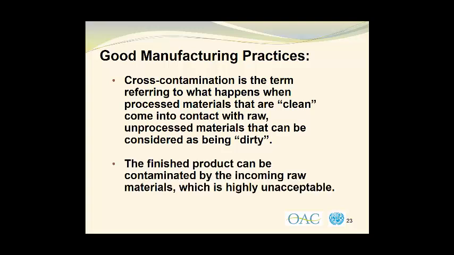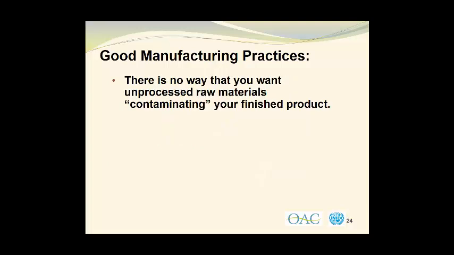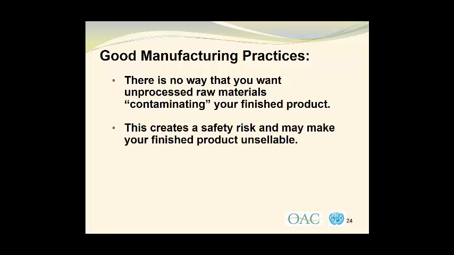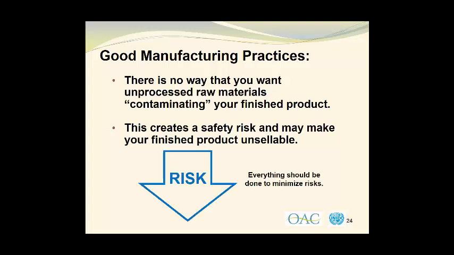The finished product can be contaminated by the incoming raw materials, which is highly unacceptable. There is no way that you want unprocessed raw materials contaminating your finished product. This creates a safety risk and may make your finished product unsellable. And what we want to do is everything in our power to minimize the amount of risk that we are incurring.